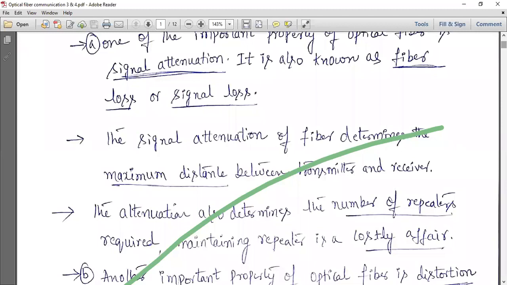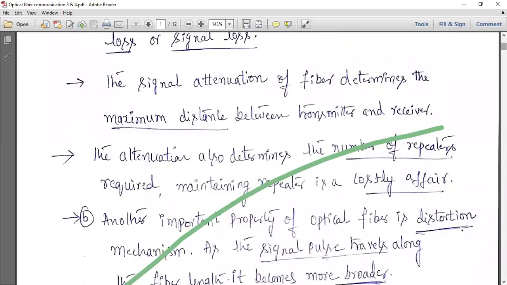Before you put your repeaters at regular intervals, you should know to what distance your signal power will transmit in the optical domain. To know that, you have to study the characteristics of your signal when it transmits over the length of the fiber. So signal attenuation gives the maximum distance between transmitter and receiver.